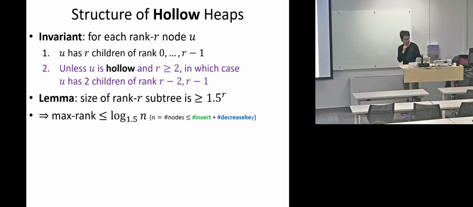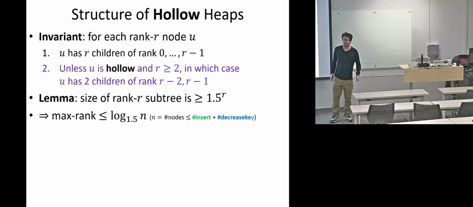Anyway, now you know that the rank r sub 3 has size exponential in r. It means that the maximum rank in our forest is going to be at most log n, but now base 1.5. Which means that the maximum depth is log n too.